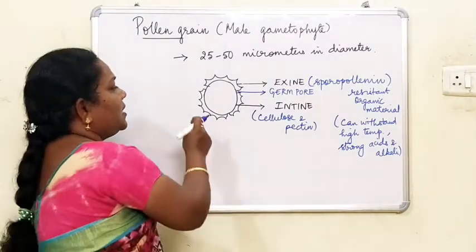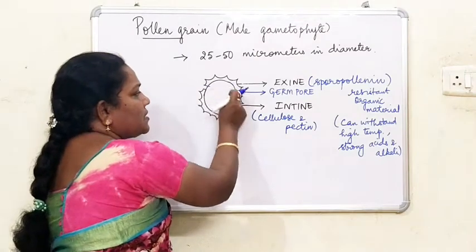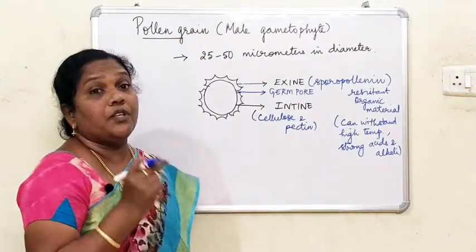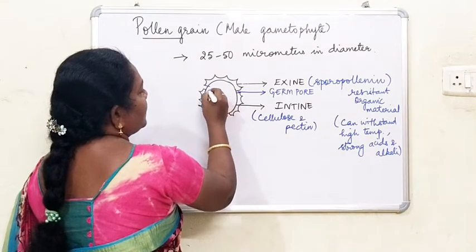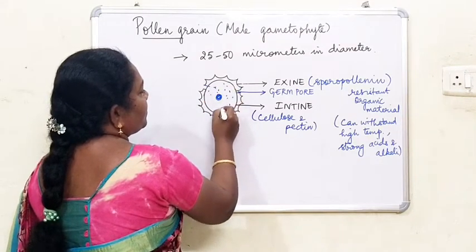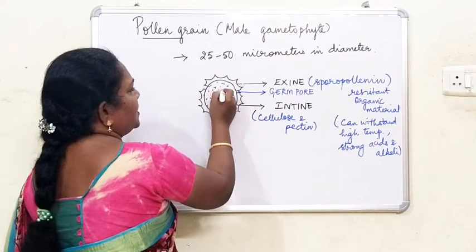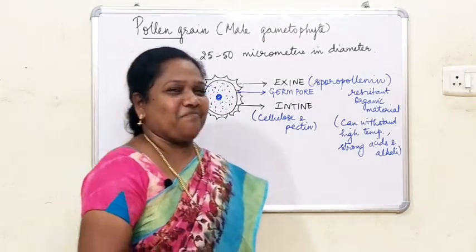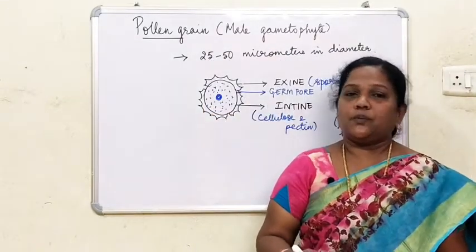Now when you look at this structure, this is a cell which consists of a nucleus and cytoplasm. When the cell undergoes division, what type of division takes place here? Mitotic division takes place. What is mitotic division? It is equational division.